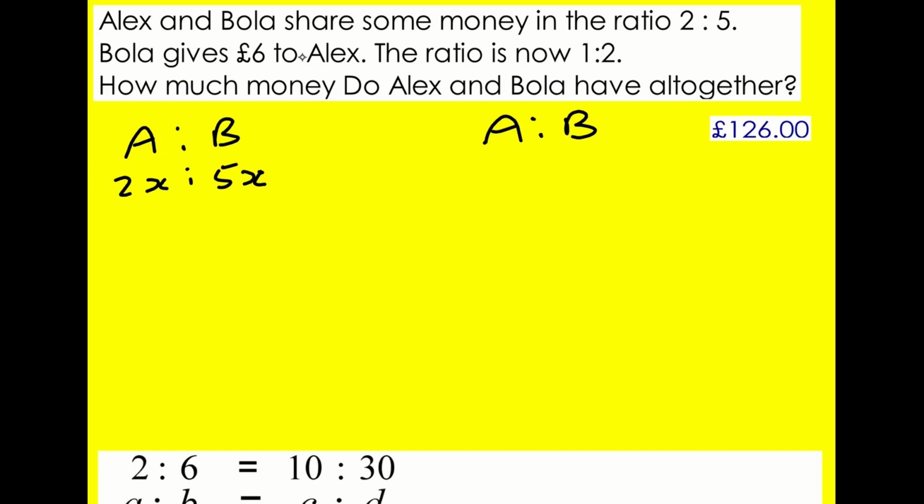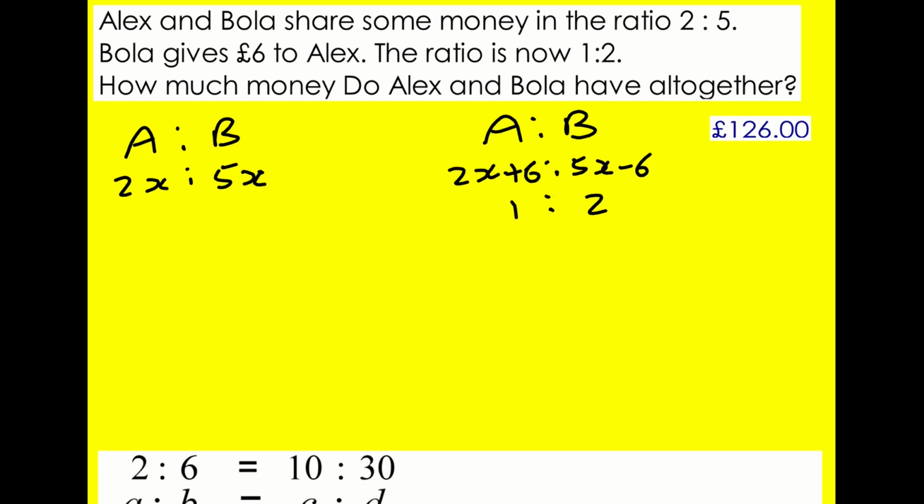We know that Bola gives £6 to Alex, so Alex is going to end up with 2x plus 6, and Bola is going to have 5x minus 6. And that is going to now be in the ratio 1 to 2. But we can't set it equal because whilst this is the total number, this one is not.